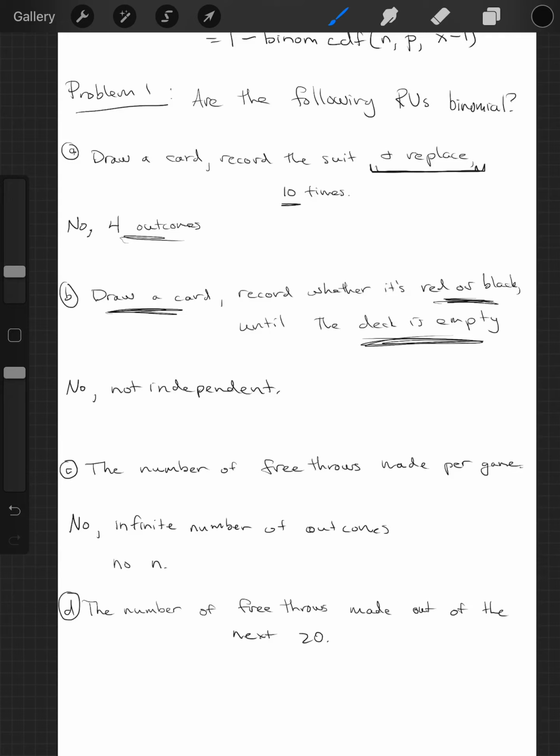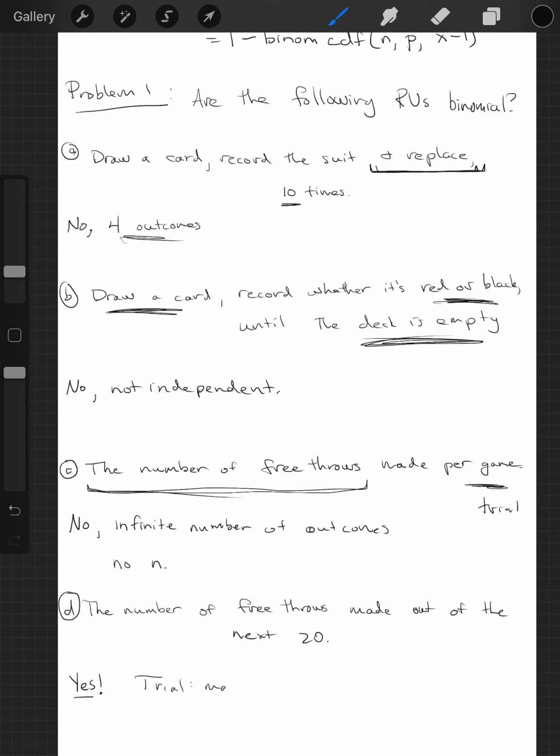We don't specify how many trials are being made here, so that's another problem with it. That's an easier one to fix. You could just say for the next 10 games, because playing a game is the trial in this case. But the outcome of the trial, which is the number of free throws, has an infinite number of possibilities.